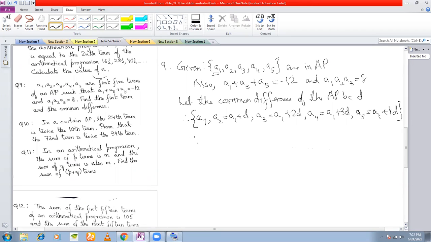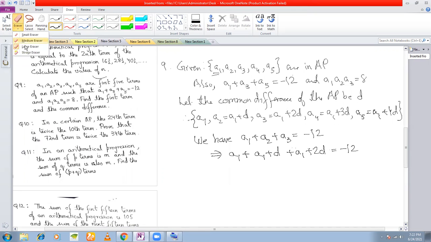So now, given that A1 plus A2 plus A3 is equal to minus 12. Put the values here. A1 we write as A1, A2 we write as A1 plus D, A3 we write as A1 plus 2D is equal to, I think A1 plus A2 plus A5, okay, A3 plus A5, this is my mistake.